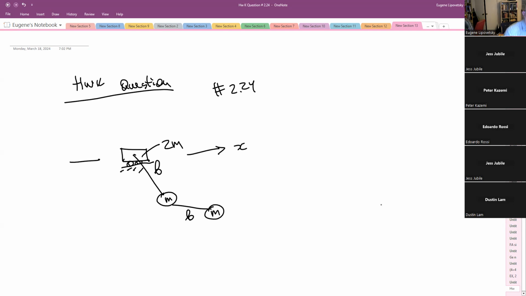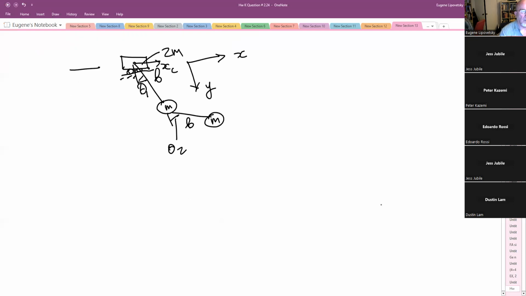Now let's write it as X, and this will be as Y. And we have this one as theta 1. This is theta 2. Now let's say this is the X of the cart, all right? So we have a system with 3 degrees of freedom.